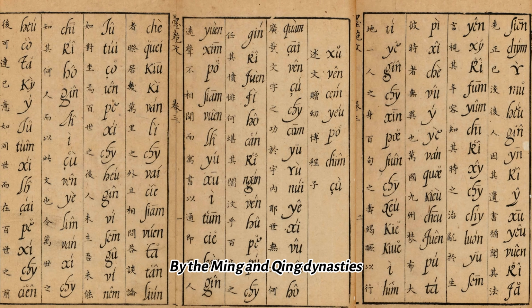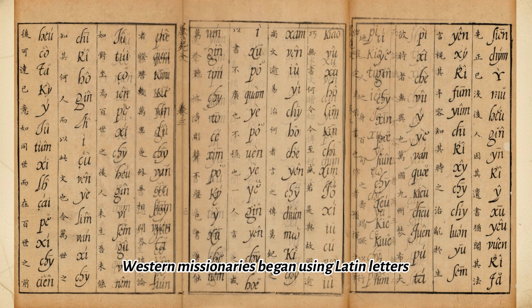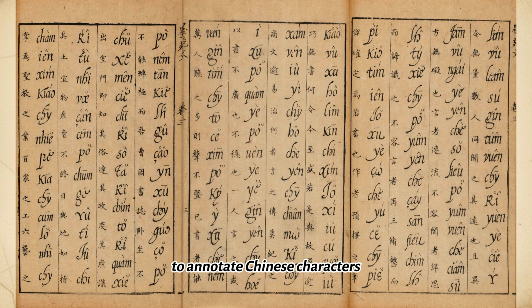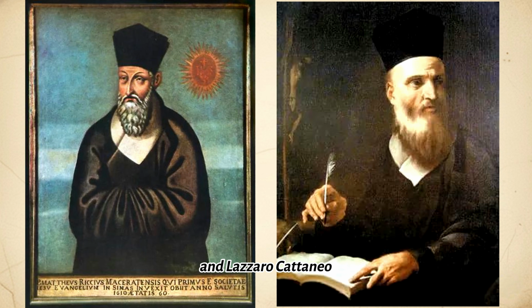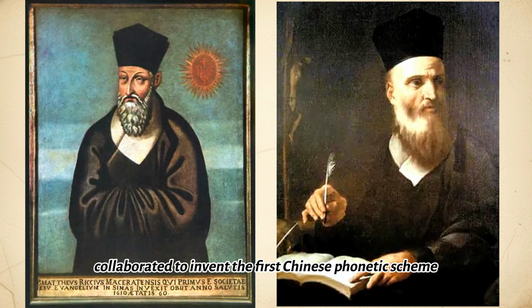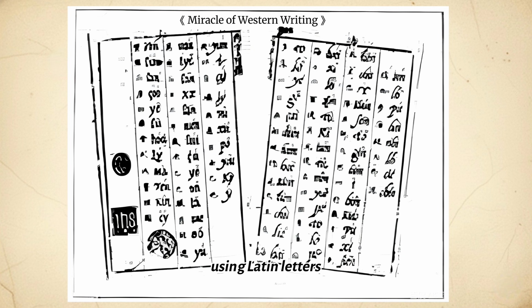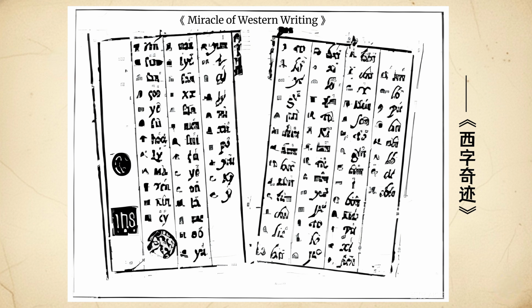By the Ming and Qing dynasties, Western missionaries began using Latin letters to annotate Chinese characters to help them learn the language. In 1605, the Italian Matteo Ricci and Michele Ruggieri collaborated to invent the first Chinese phonetic scheme using Latin letters, known as the Miracle of Western Writing.